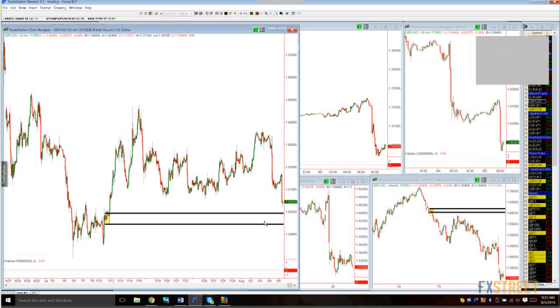The only other thing we need to consider before taking this trade is, is there a significant profit zone on the upside with this level? And looking at the 60-minute chart, the answer is yes, right? In this decline right here, we don't see any supply.